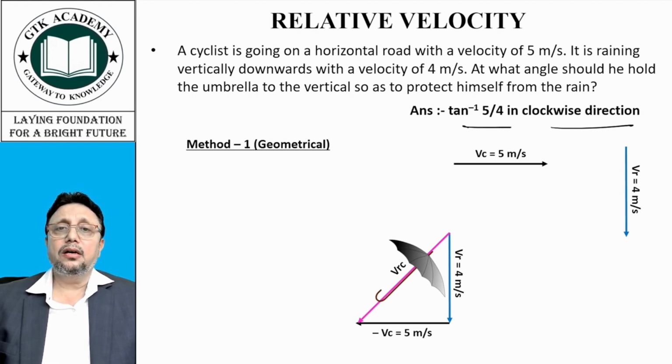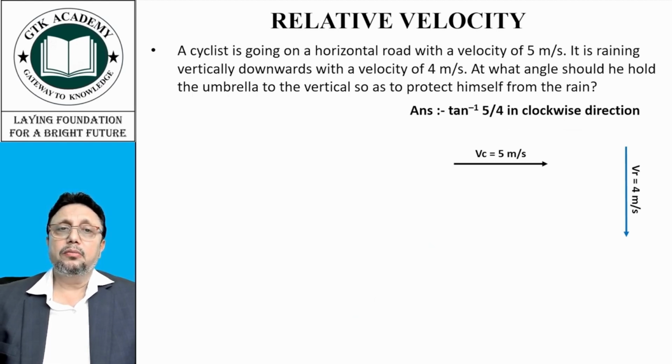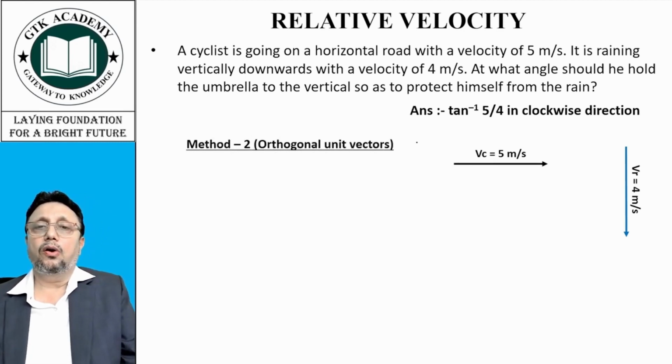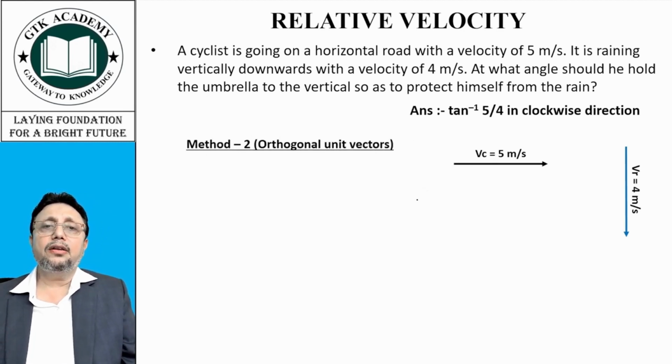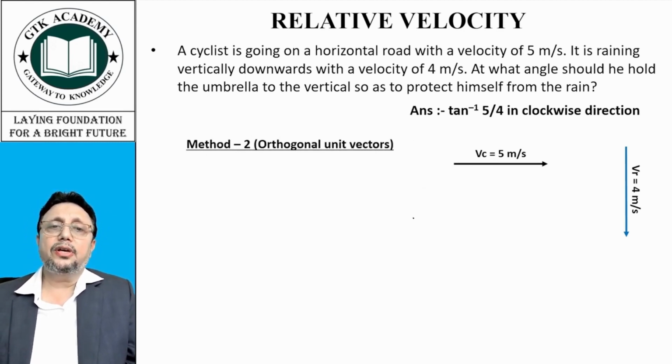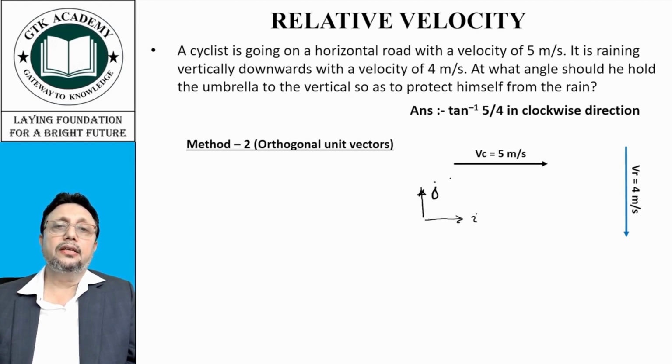Let's do the same thing by orthogonal unit vector method, method 2. Now, here you are at your liberty to choose the direction of orthogonal vector. Say, you can take I like this, and you can take j like this, or you can take I like this, you can take j like this.